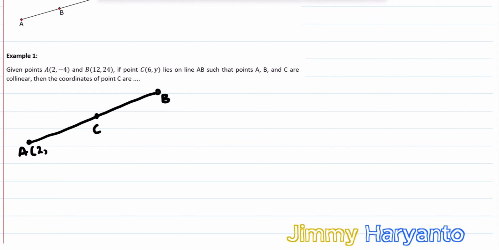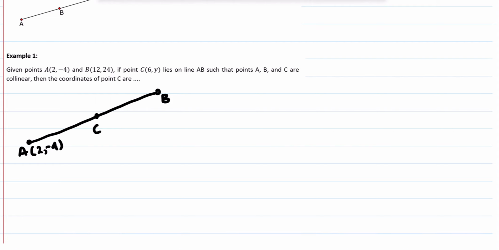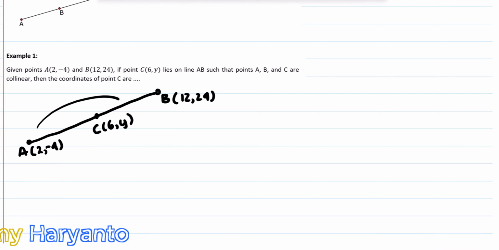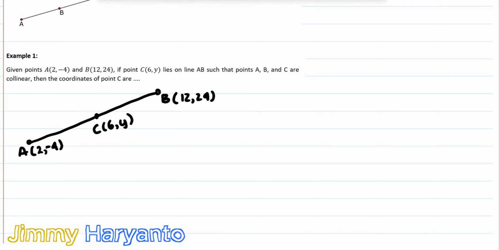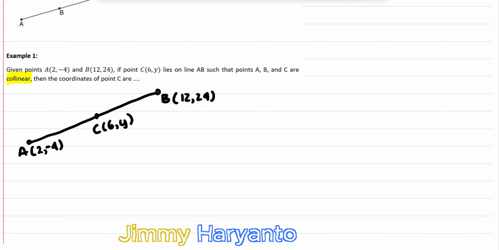The coordinate of A is (2, -4), the coordinate of C is (6, y), and the coordinate of B is (12, 24). And then we are told that ABC is collinear. We already did that. Then find the coordinates of point C. Because we already read collinear, that means we have to use the formula.